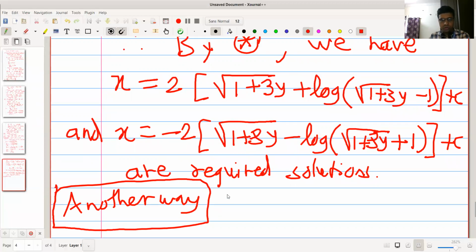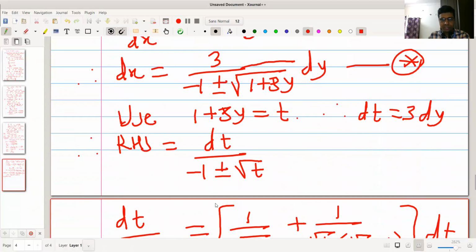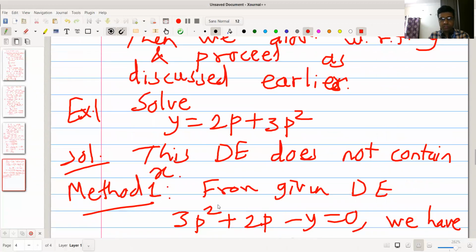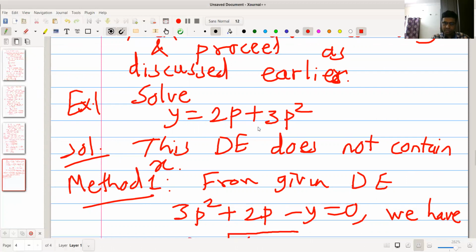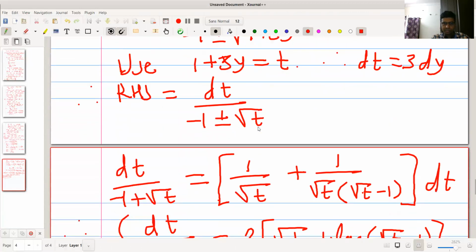So consider the given differential equation. It is y equal to 2p plus 3p square. We can treat this as an equation solvable for y, and proceed as we discussed.